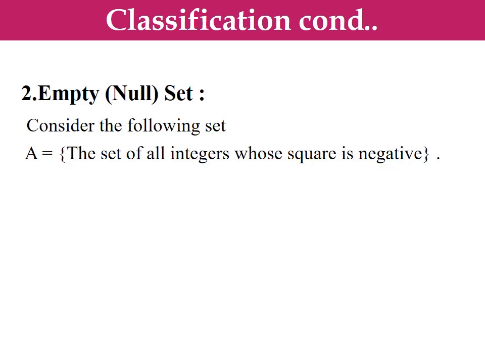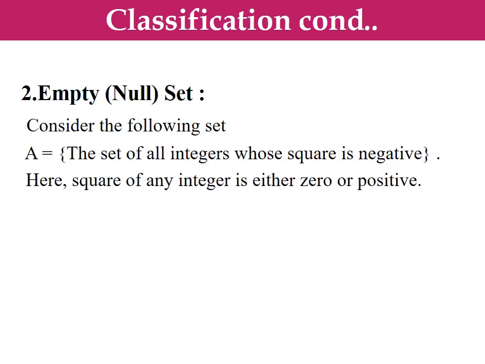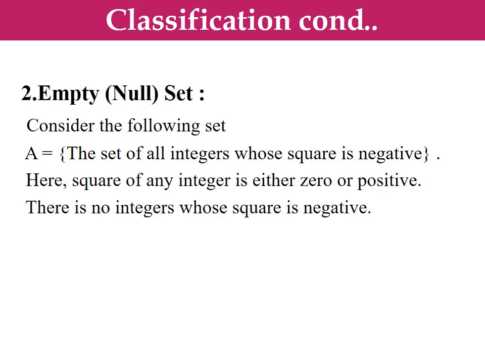While squaring, all terms become what? Positive. Is there any possibility of getting negative? No. That is the empty set. Look at this. The square of any integer is either 0 or positive. There are no integers whose square is negative. This kind of set is said to be an empty set or null set, right?